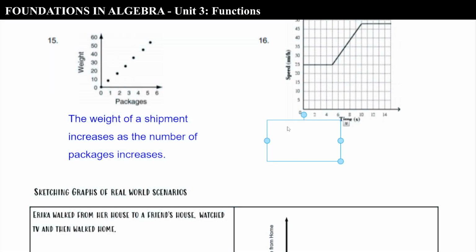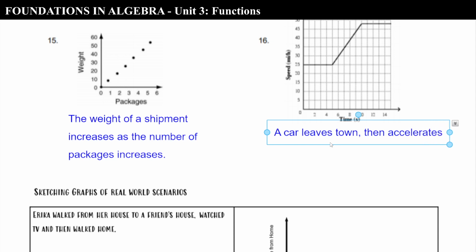So if the speed is slow at first and then picks up, we can say a car leaves town, then accelerates as it merges onto a highway. So you notice we don't have to be too incredibly specific, just good enough to give a description of what's happening here.